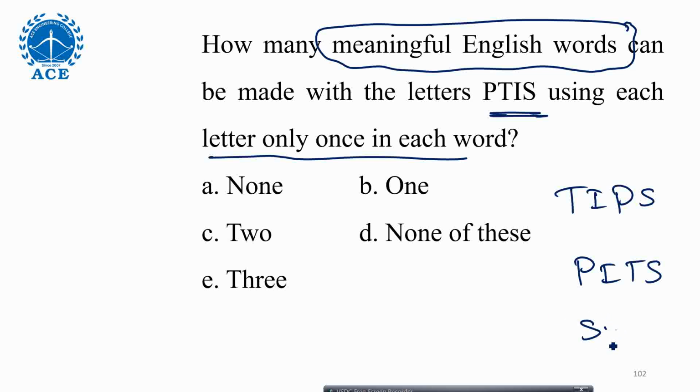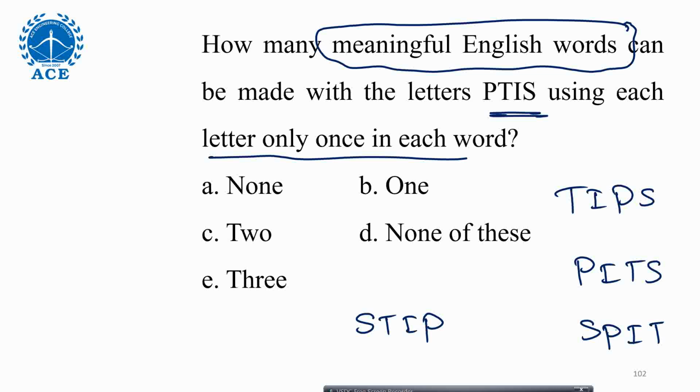Spit, S-P-I-T. Okay. No, all letters you have to use, right. Made with the letters, each used only once. We cannot. STIP. Stip. Is there? You don't have 4. Okay, we may go with none also. But check.